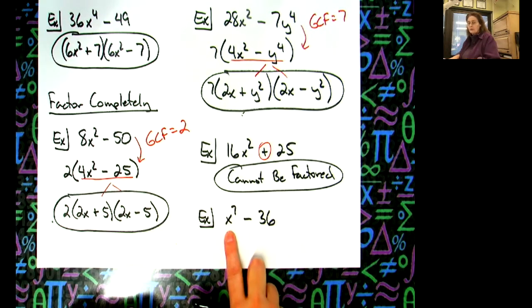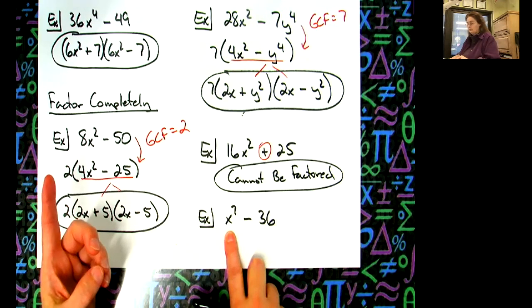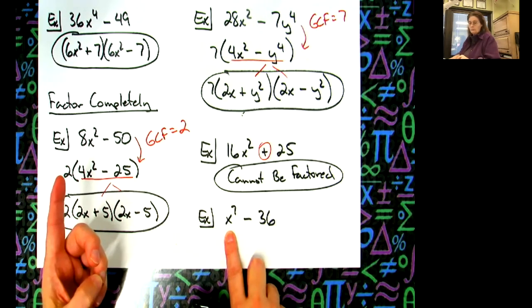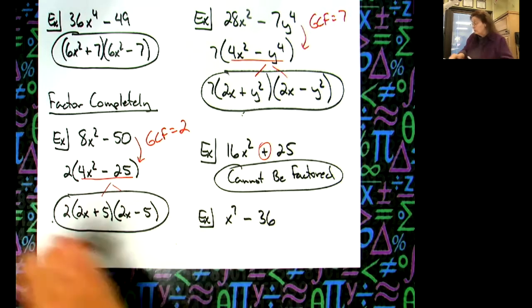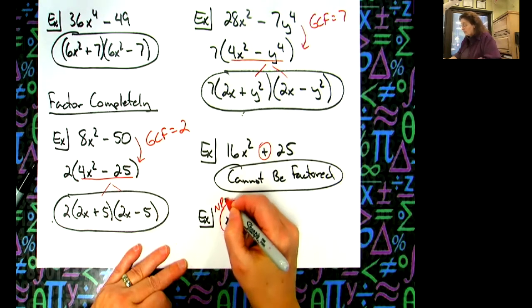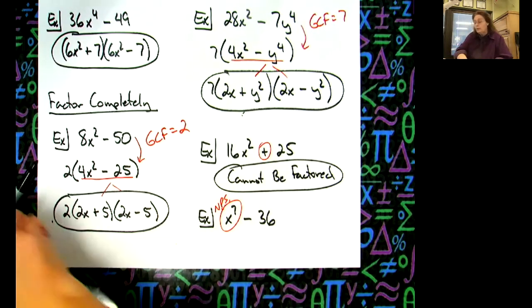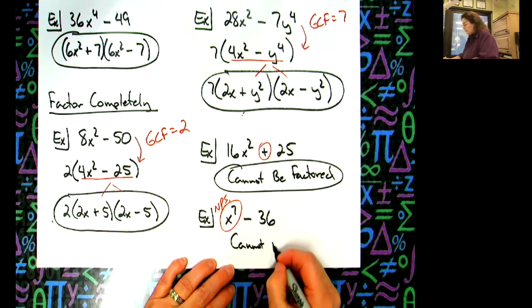Can I take the square root of x to the 7th? Odd number. Can I take square root? No. They're only going to give you ones that you can take square root of. So because this is not a perfect square, I cannot do this one. So this one cannot be factored either.